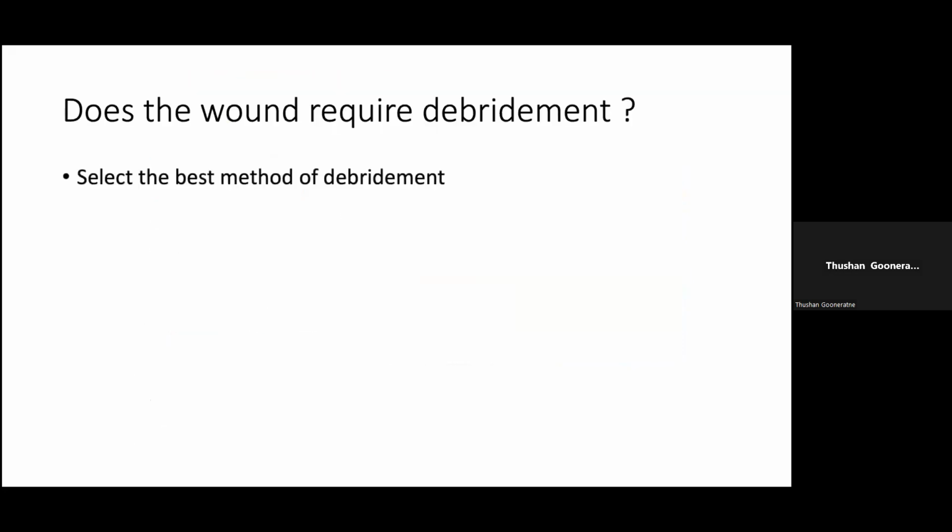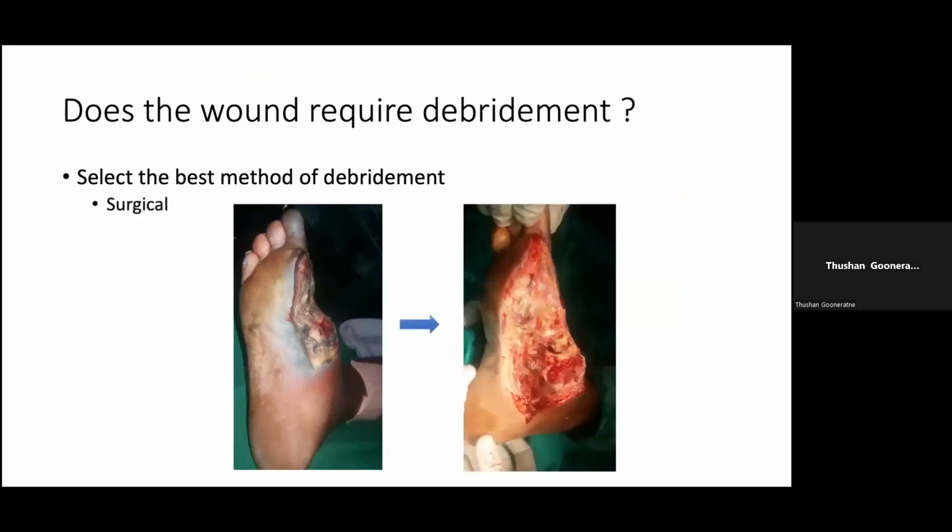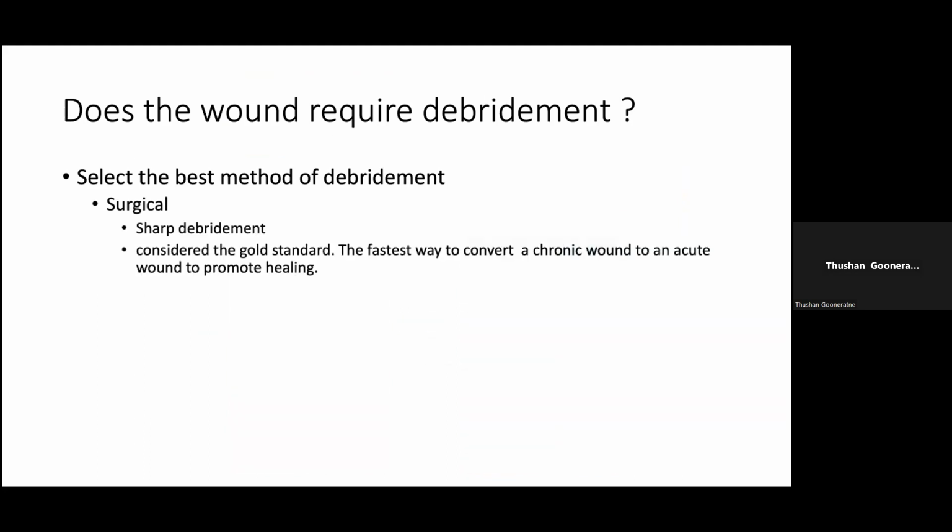So that's the most important thing: to look at the tissue and see whether there is a requirement to remove those types of tissue, and to select the best method of debridement. Do you want to surgically remove it and make it a nice clean wound? That's the gold standard.